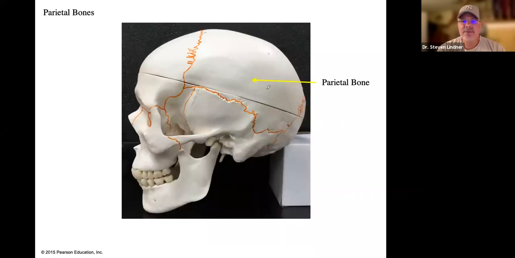Again, from the side view, here's the parietal bone. Here's the temporal bone. This is the squamous suture. Here's your frontal bone. And here's your coronal suture. Here's your sphenoid bone.